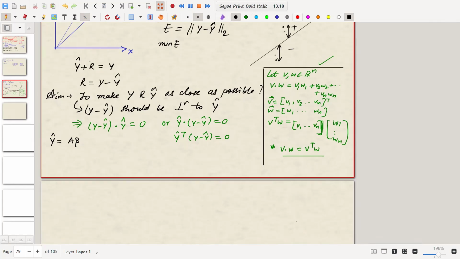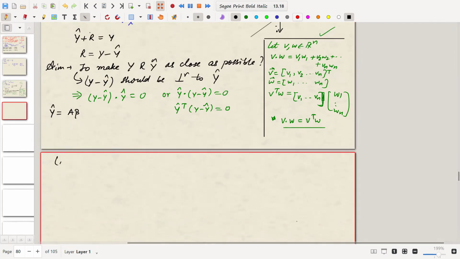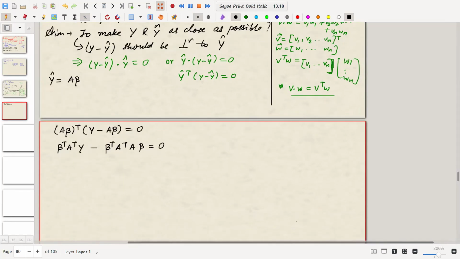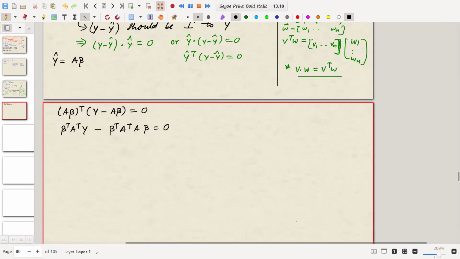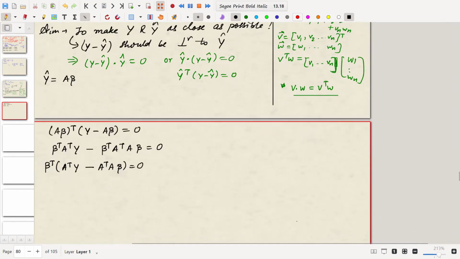What we should do? A beta transpose, right, times y minus A beta equals 0. So this is beta transpose A transpose y minus beta transpose A transpose A beta equal to 0. I'm seeing a lot of beta transpose, so I will take beta transpose common: beta transpose times A transpose y minus A transpose A beta equals 0.